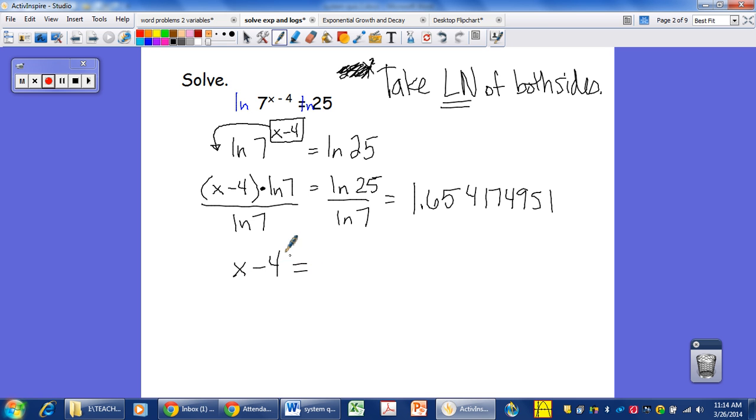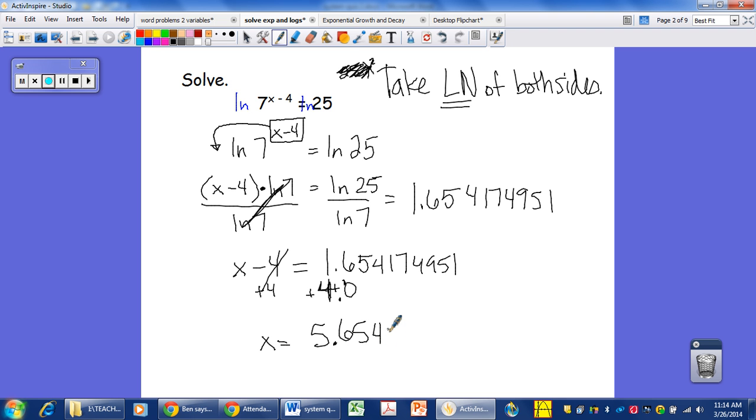So this cancels out, so we're left with x minus 4 equals 1.654174951. We add 4 to both sides. So x equals 5.6542.